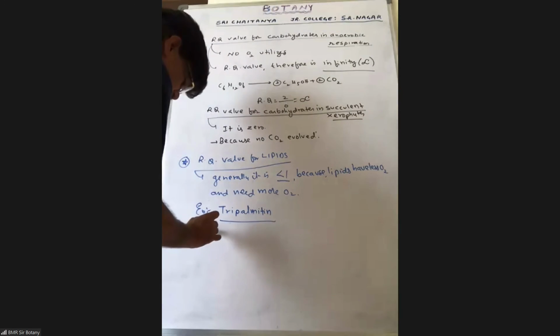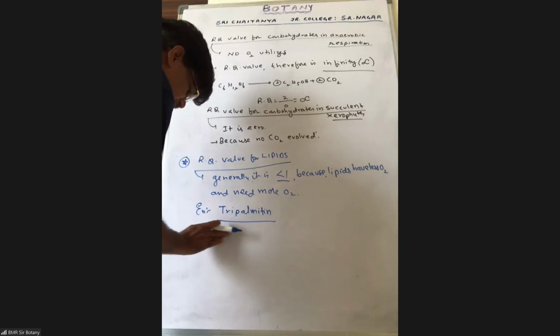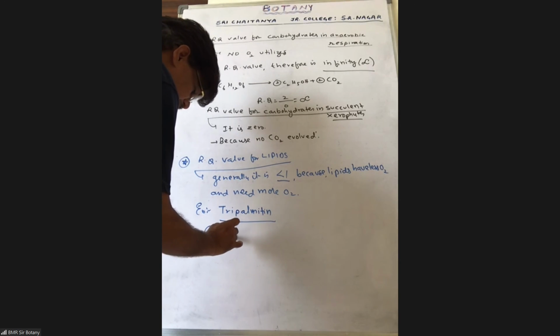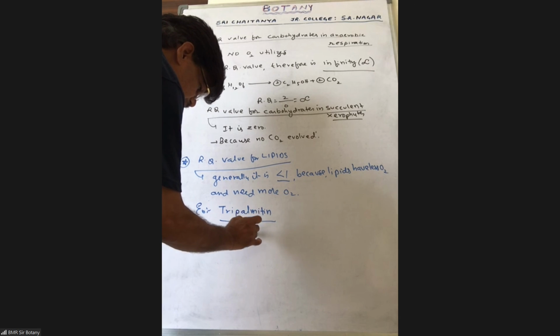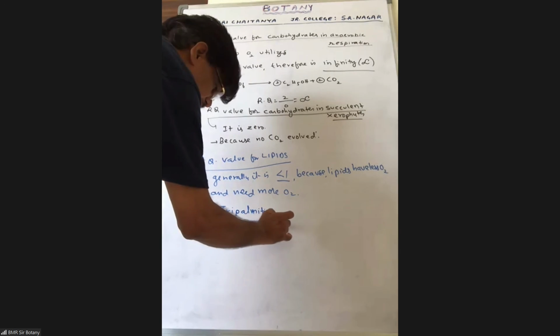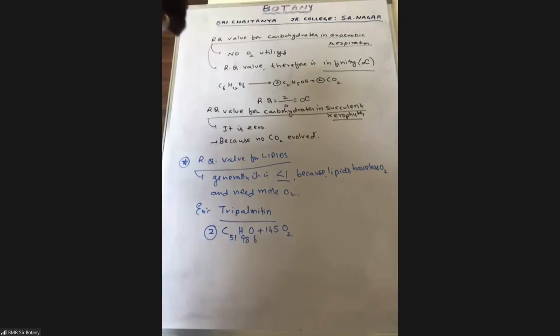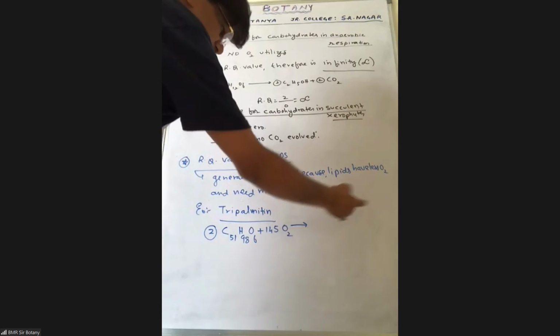2 molecules of tripalmitin at a time are involved actually. So 2 molecules of C51H98O6 require 145 O2. Once you know this, it is easy to make out the product.